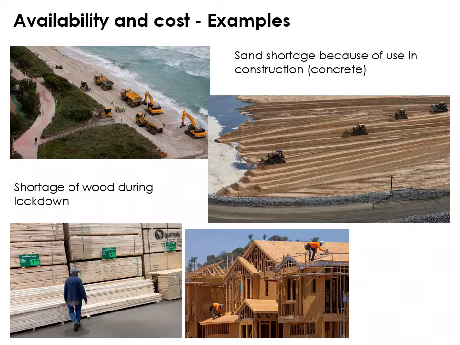So, a shortage of materials makes everything more expensive. So that's availability in terms of how that can impact. So you've got some examples there already: the impact of the availability of the microchips in all of those different types of products, and also the availability of materials like sand and wood.